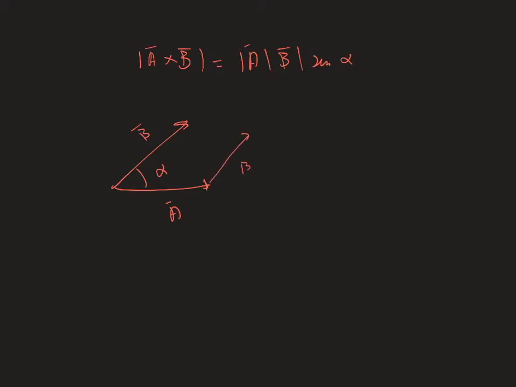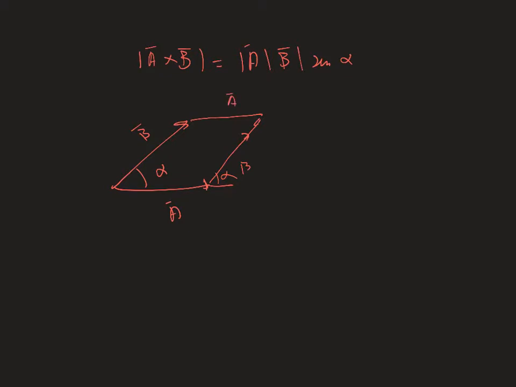We have the magnitude of A cross B equal the magnitude of A by the magnitude of B by the sine of alpha. This is A, this is B, this is alpha, and this is also B, and this is also alpha, and this is also A. This is A, this is B, this is A, and this is B.